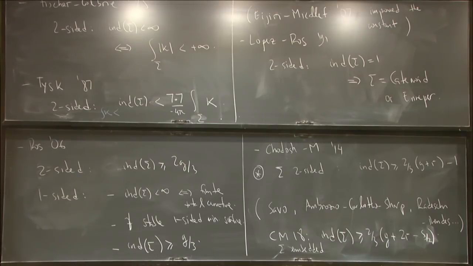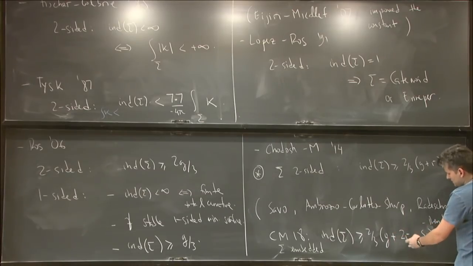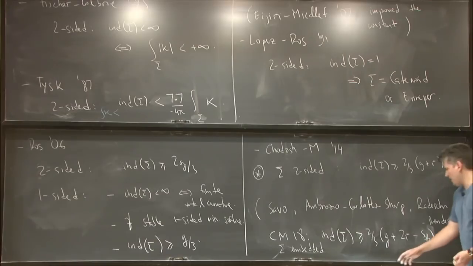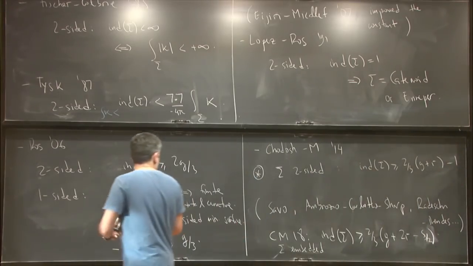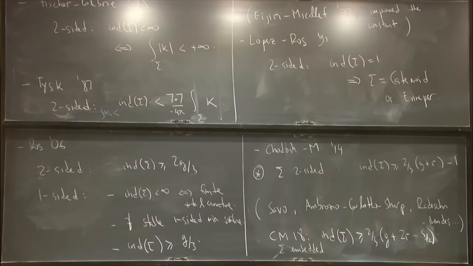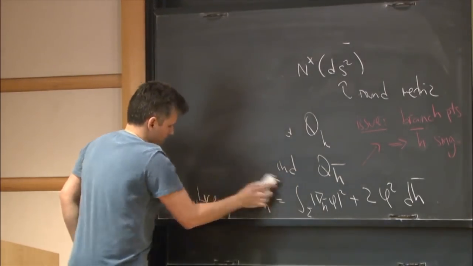I wouldn't go as far as to say that, but from the perspective of this bound, it seems like the number of ends is somehow having more weight than the genus, but it's mysterious.